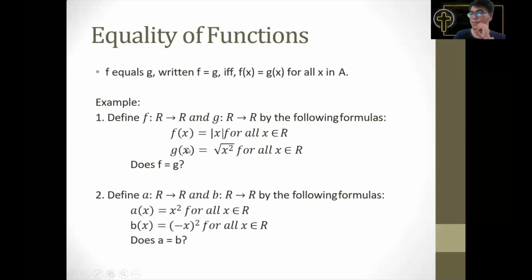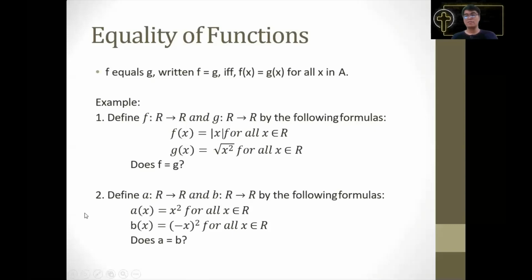Because any value I replace here for x, like for example, f of 20, that's the absolute value of 20, that's 20. g of 20 is the square root of 20 squared, which is also 20. If I input negative 2, the absolute value of negative 2 is 2. The square root of 2 squared is still 2. So f is equal to g.